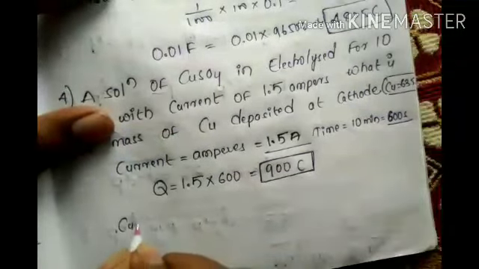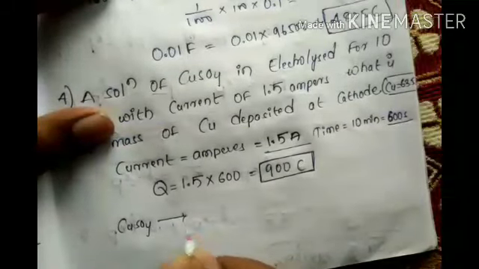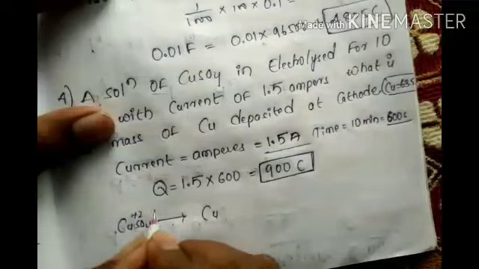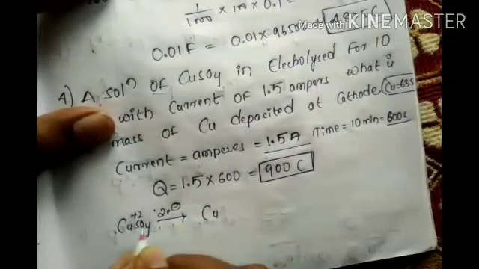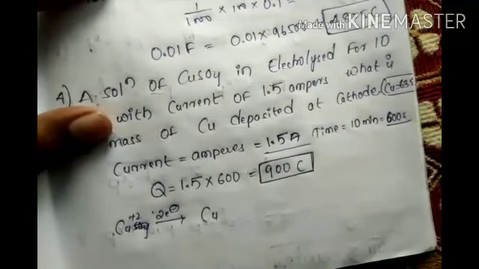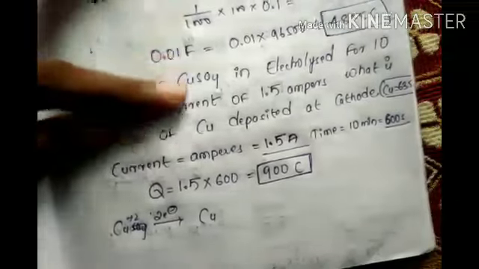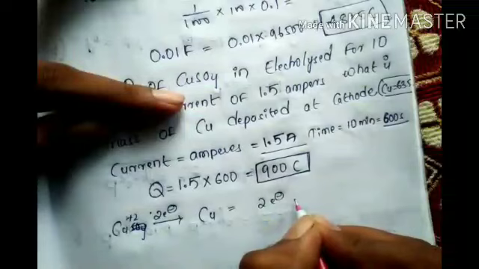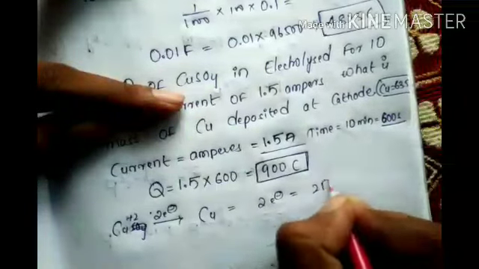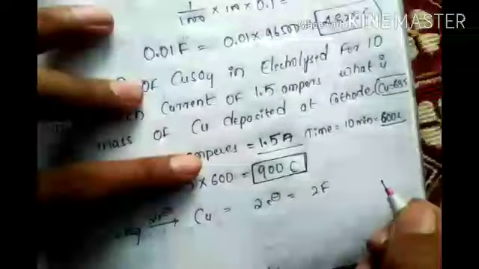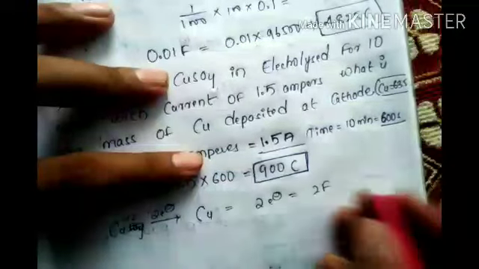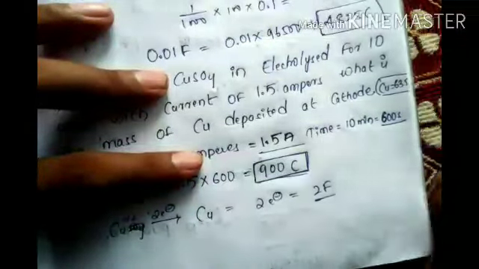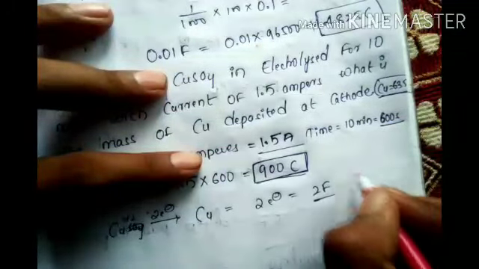Now CuSO4 gives Cu. Cu2+ gives Cu. It is gaining 2 electrons. So 2 electrons means 2F. Got it? Now 2F is 2 into 96500 coulombs, and the molecular weight of copper, how much?